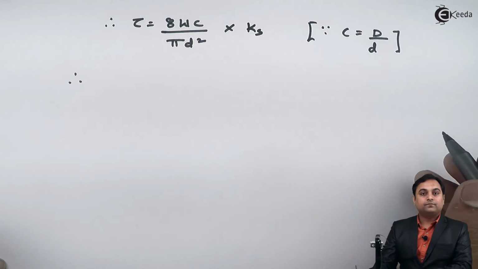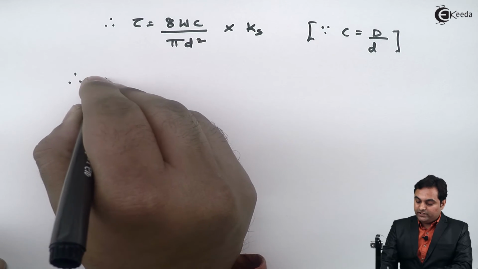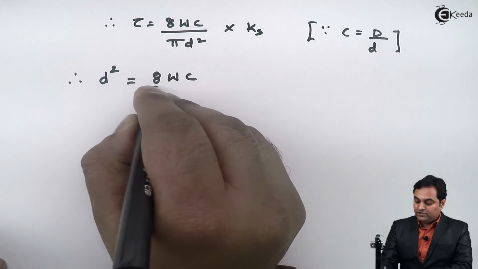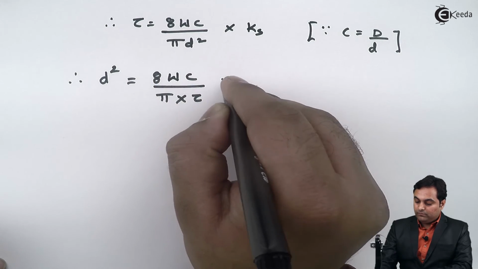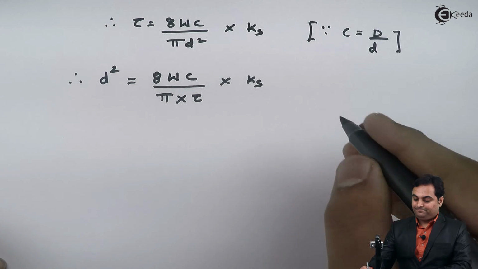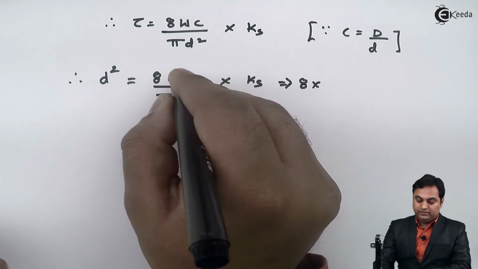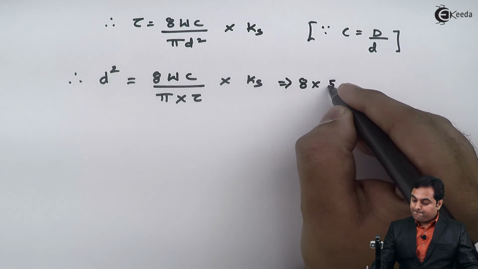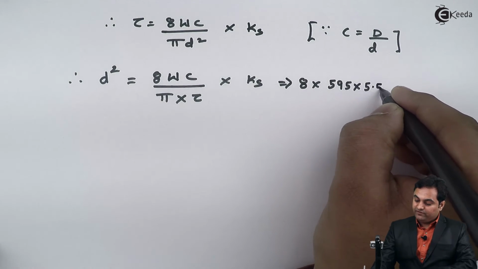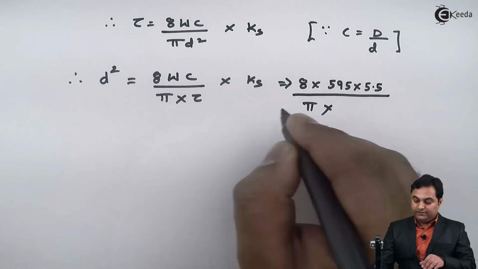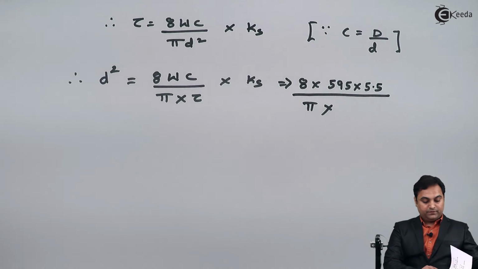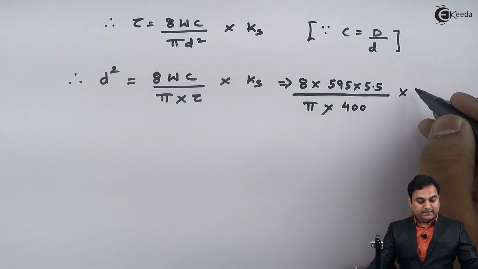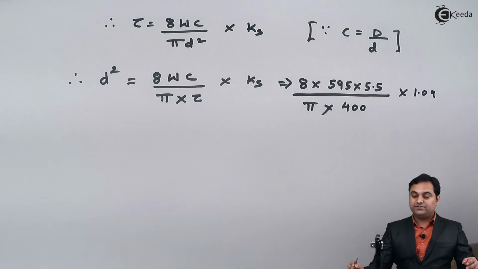So therefore, since we want to calculate d square, or I'll say diameter of wire, d square would be shifted here, and here I have 8 WC upon pi into tau multiplied by Ks. 8 into W, the value of load range, it was 595, into C is 5.5, pi into tau, resultant shear stress, it was 400, into Ks, and Ks was 1.09 shear stress factor.